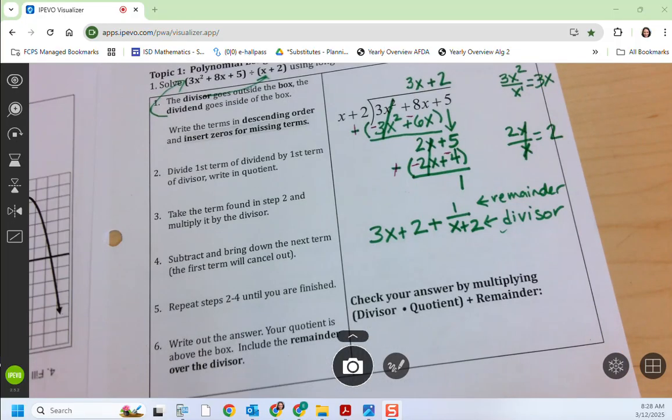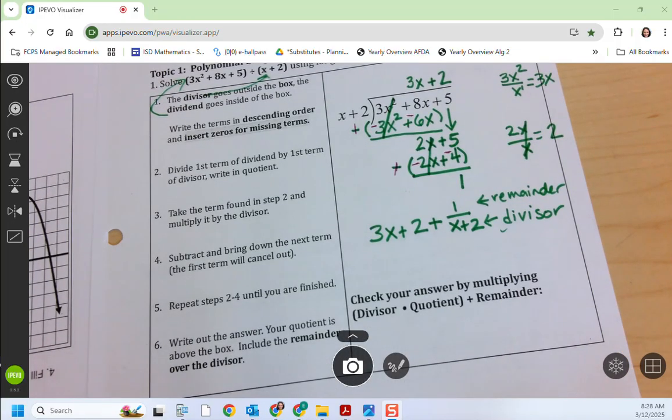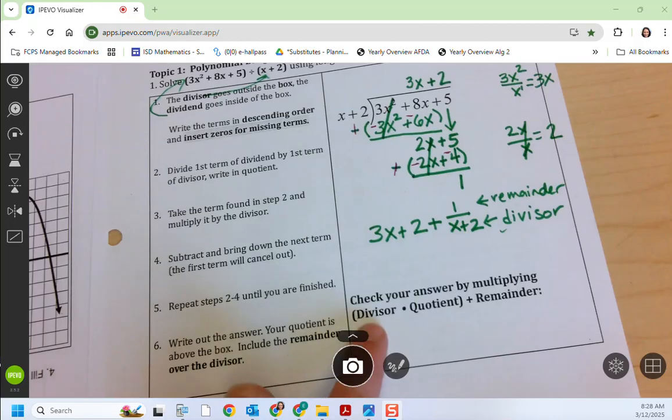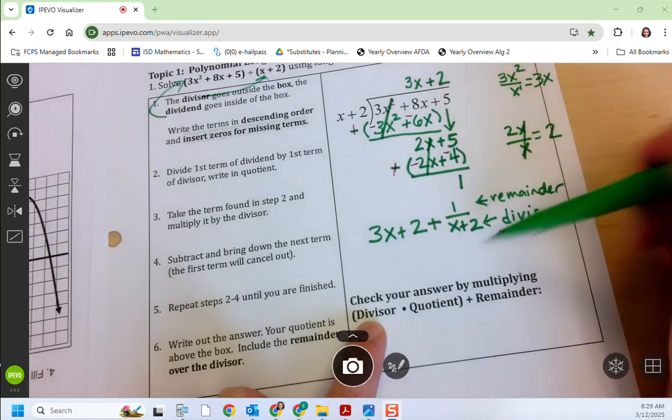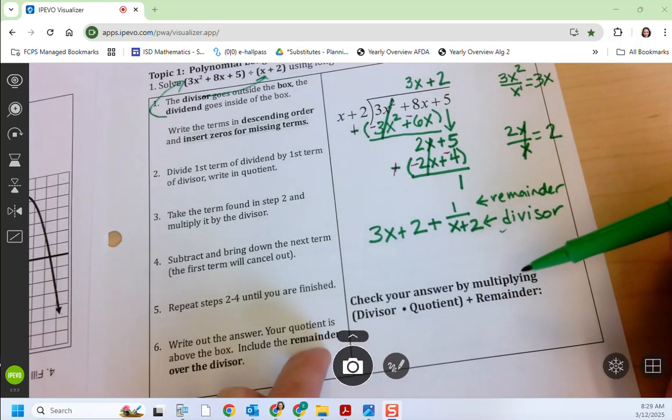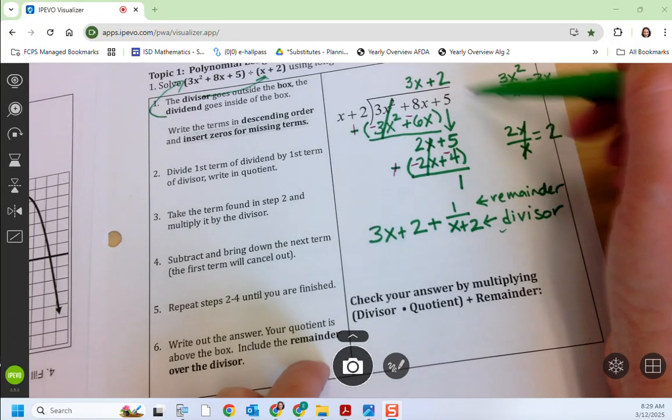Check your answer. You guys ready? The divisor, that would be the x plus 2, times the quotient, which is all of this, plus the remainder, should equal your dividend.